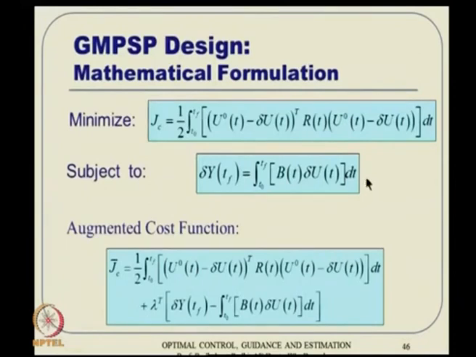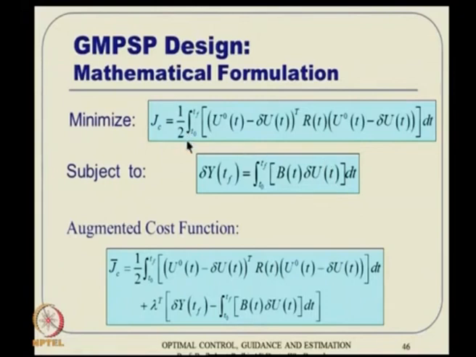Okay, so the idea here is again that you can formulate a quadratic cost function in the control variable for minimization, subject to this constraint equation. How this equation came about, I encourage you to see my other lectures for details. Then if you want to solve this optimization problem, remember we are not necessarily talking about a parameter optimization problem here.